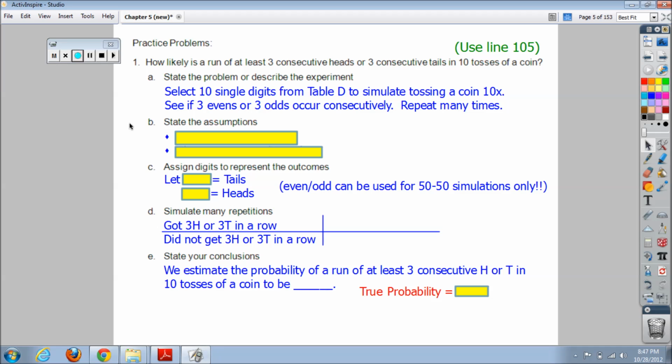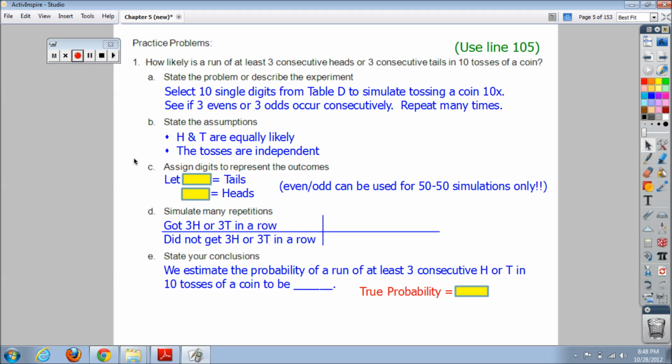And we're going to do this many times. We're not just going to read 10 single digits and stop. We're going to read 10 single digits many, many, many times, and see how many times 3 even or 3 odd numbers come up in a row. So some assumptions. We're going to assume that heads and tails are equally likely to occur, that they're 50-50.